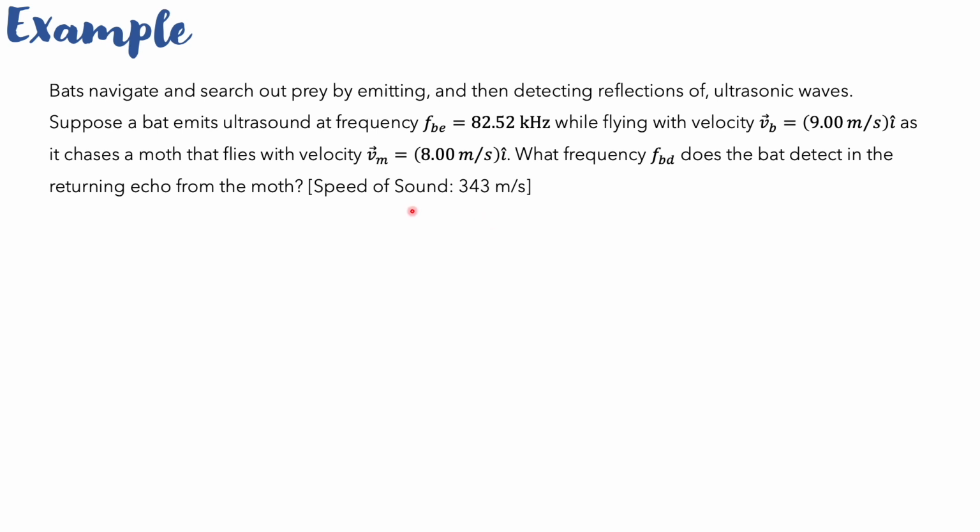Let's do an example now. In this example, bats navigate and search out prey by emitting and then detecting reflections of ultrasonic waves. You know, bats produce ultrasonic waves and navigate with the help of the reflection of those ultrasonic waves.